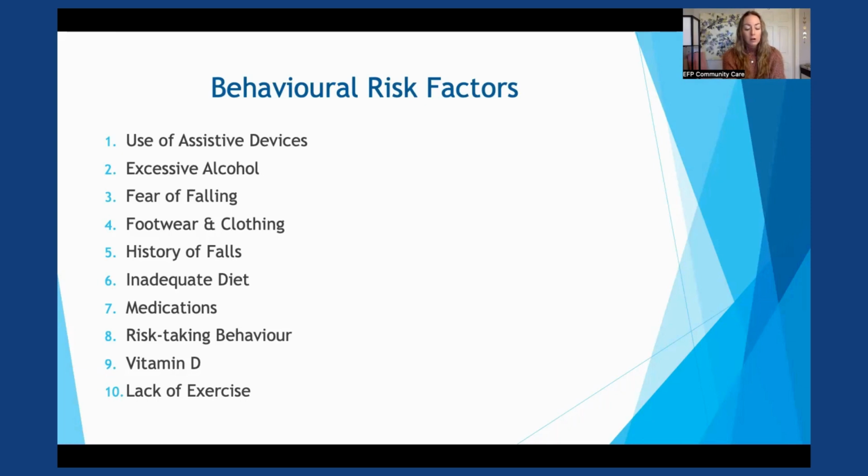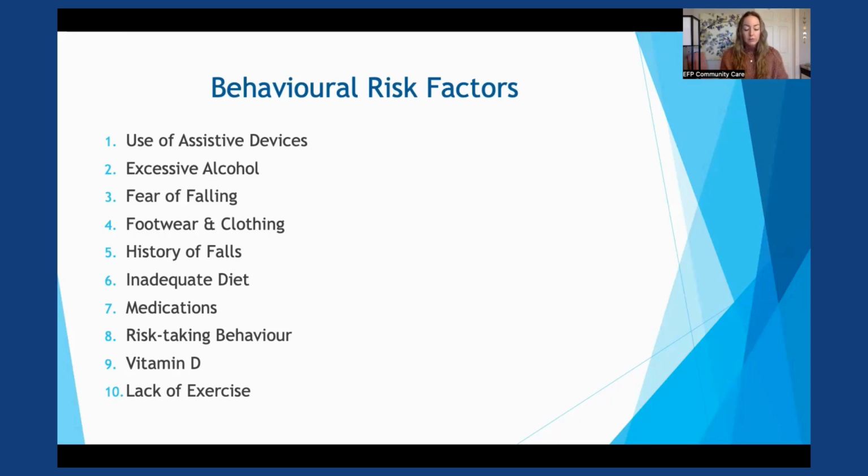So excessive alcohol is another one. It can be a contributing risk factor on its own, or it can interact with other drugs that you might be taking. This can impact changes in our awareness, balance, and our gait pattern, so how we walk. Fear of falling, we kind of already touched on that. And it is behavioral.